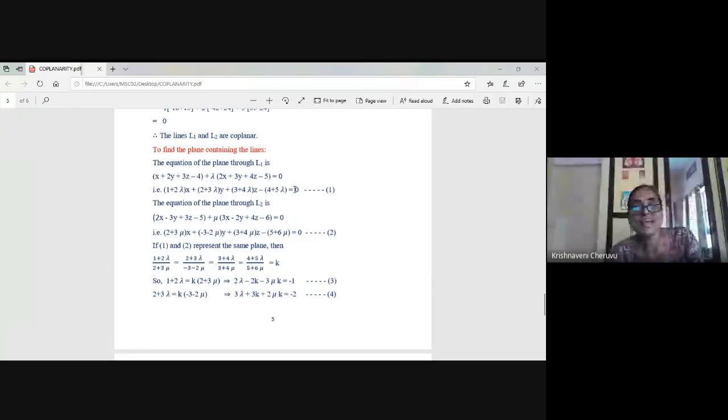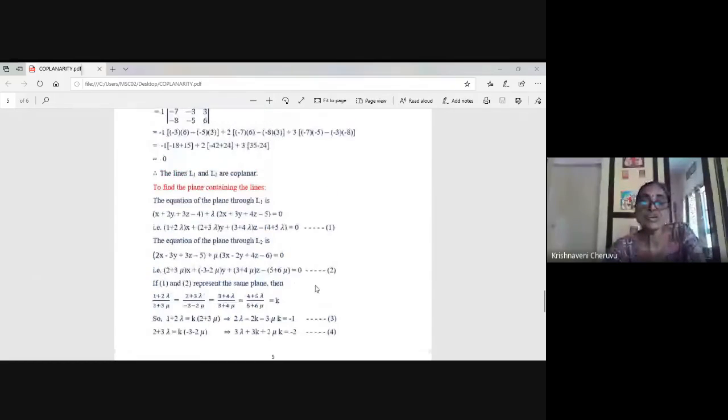Okay, now these two planes, the first plane is passing through the line L1, the second plane is passing through the line L2. Now you're going to find out a plane containing both the lines. So these two planes must be identical. Okay, so we have to find out a plane containing both the lines. Now this is the plane containing L1.